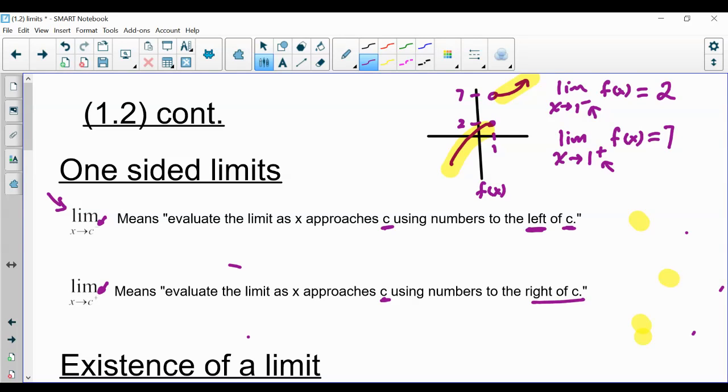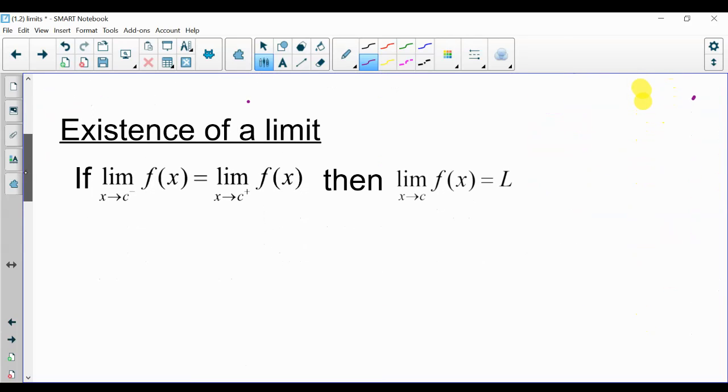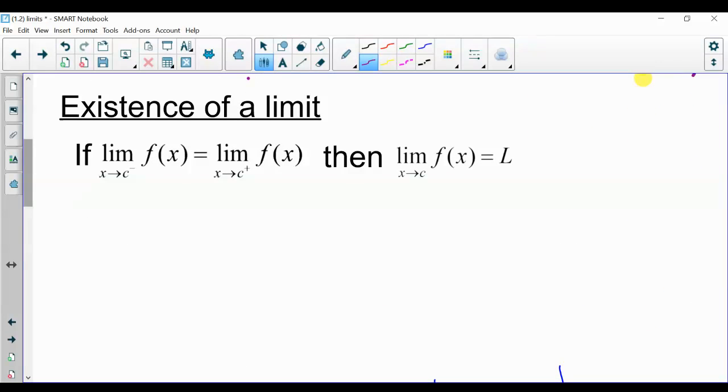But the importance of these one-sided limits, and one-sided limits almost always are going to yield some type of number for an answer, okay? But these one-sided limits lead to an important idea of the overall existence of a limit. And here's what it says.